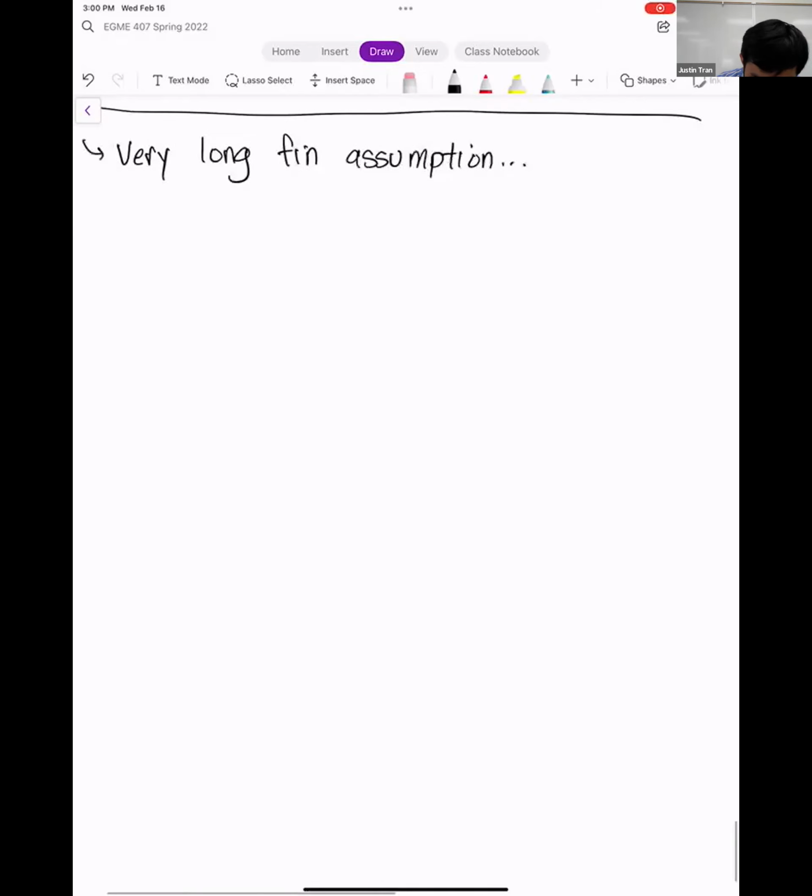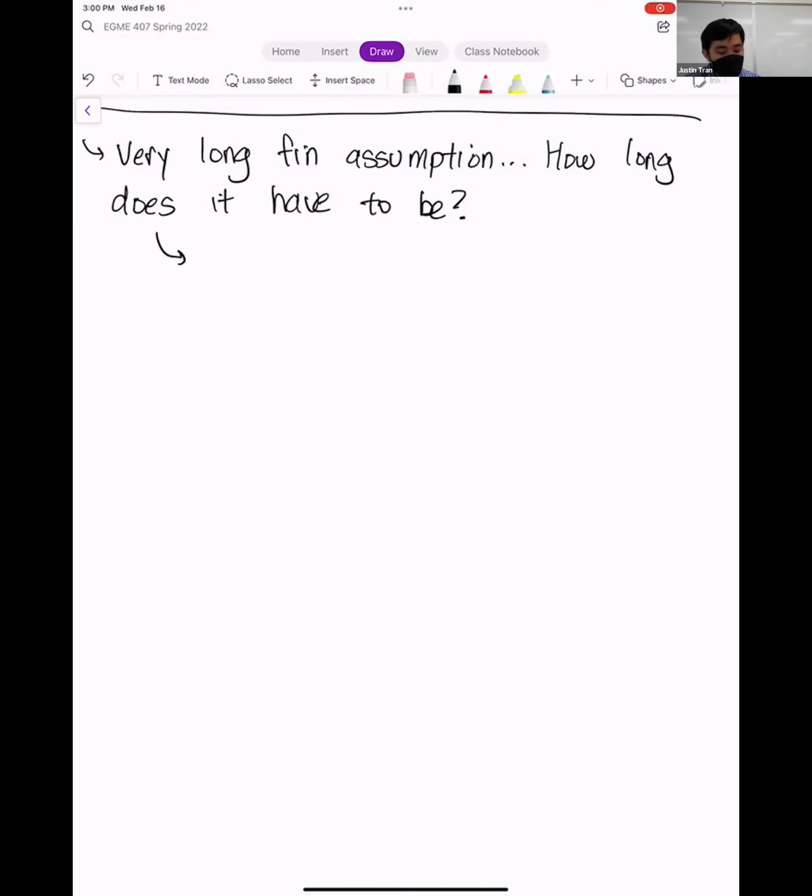Okay. If you remember, the reason that we assume a fin is very long was so that we can assume that the very tip of the fin is the same temperature as the fluid. Okay.